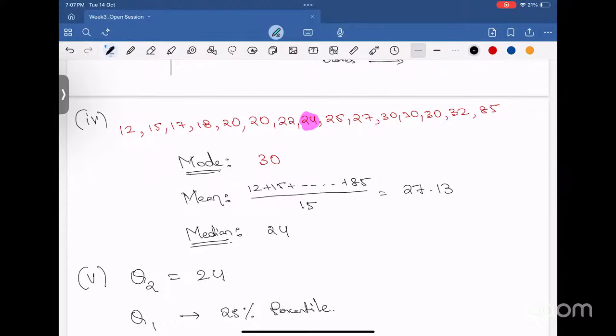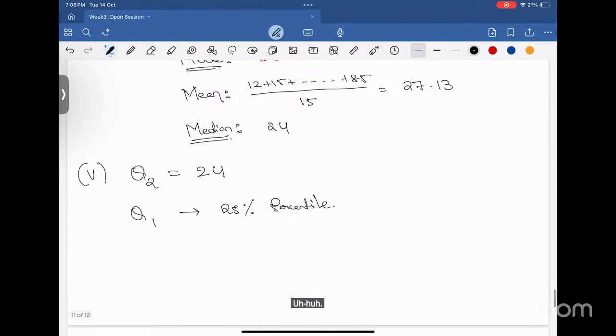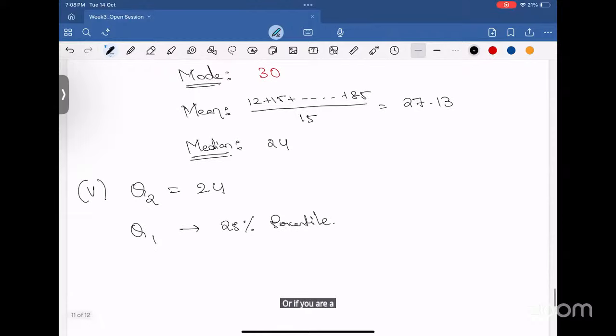So it's, I think, the fourth position of the ascending order, right? Or if you are a little confused and want only the formulas, you compute the p-value from here. P is basically 0.25, which is like 25 by 100, which is 0.25.